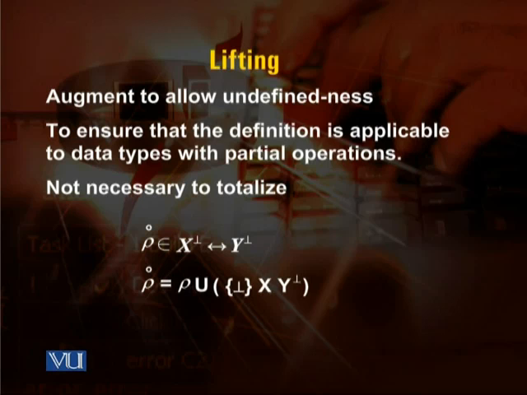And row naught is equal to this row union this inverted T mapped onto every element in the range, including this new element undefined. So this is how it looks like.